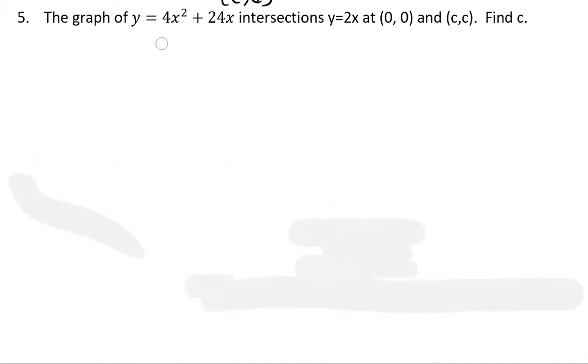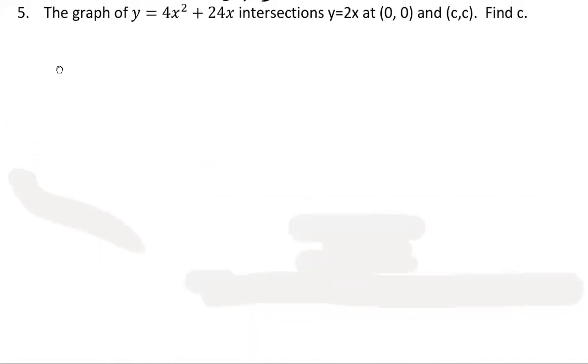So for number 5 here, we've got the graph of this function intersects the graph of another function at 0, 0 and C, C, find C. So as I was saying a moment ago, if we have an intersection, a high level intersection, something involving a parabola, the one-liner is get them both in the y equals format and set them equal. So these are already in the y equals format. And so we want to do 4x squared plus 24x and set it equal to 2x.